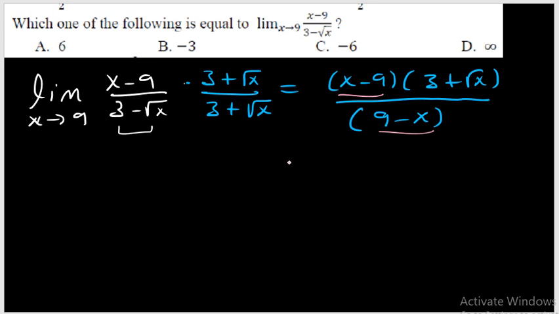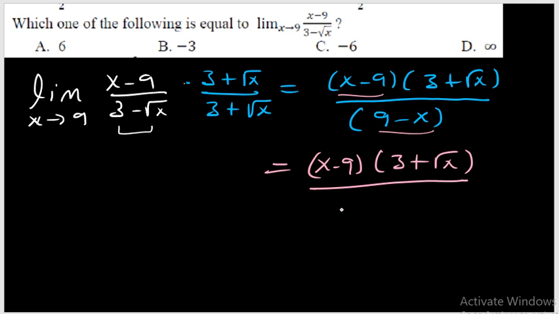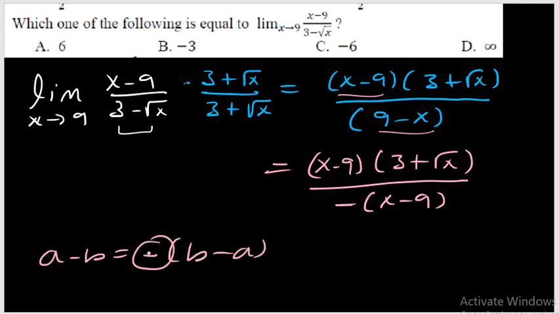Let's do it for the denominator part. This will be x minus 9, the upper as it is, times 3 plus radical x, the whole over the lower part, which we can write as negative of x minus 9. Just always as a rule, a minus b is the same as negative of b minus a. By taking out the negative, we can exchange the places.